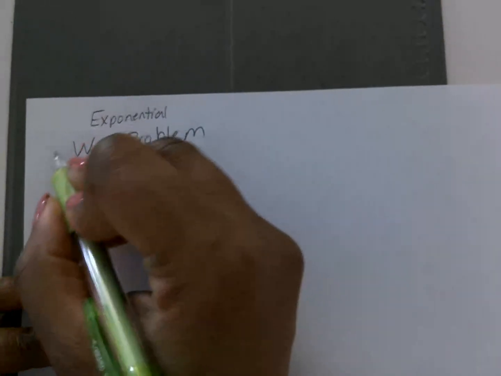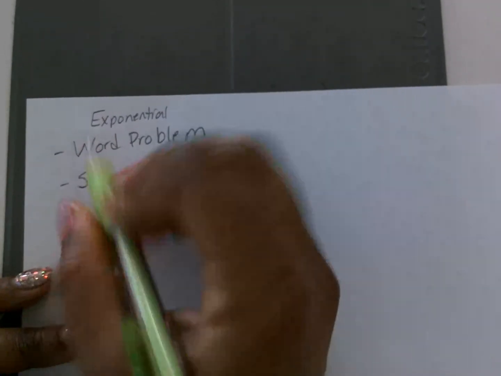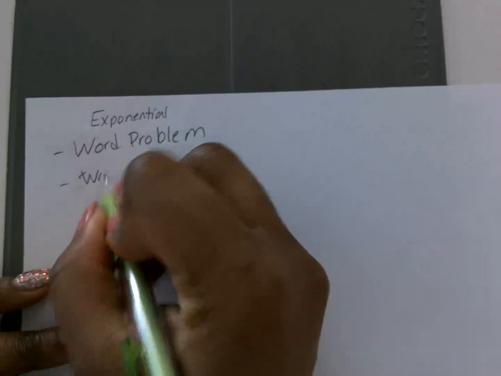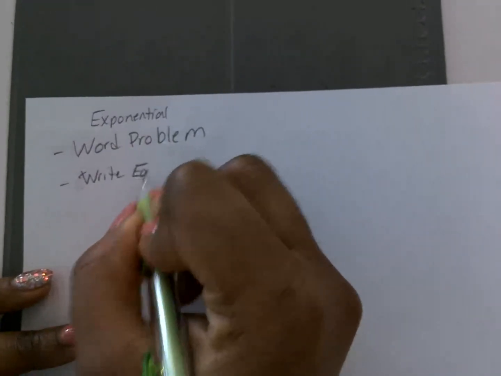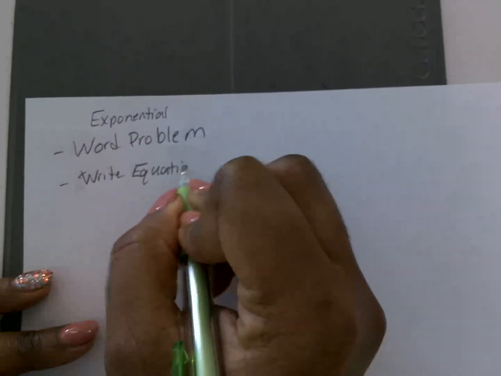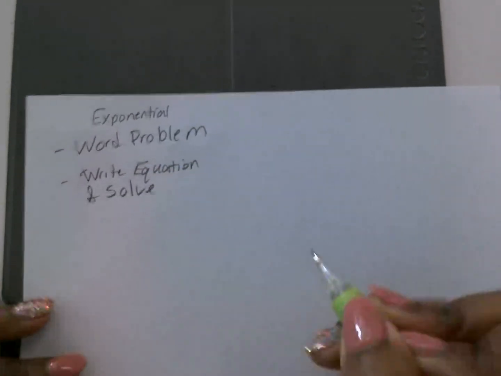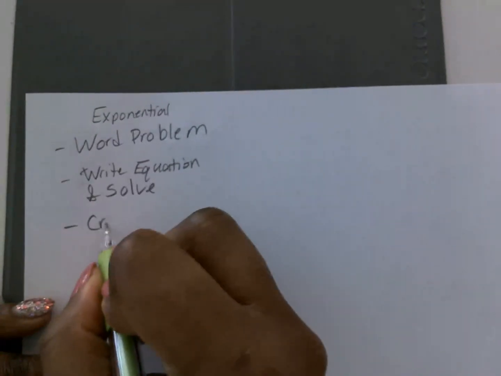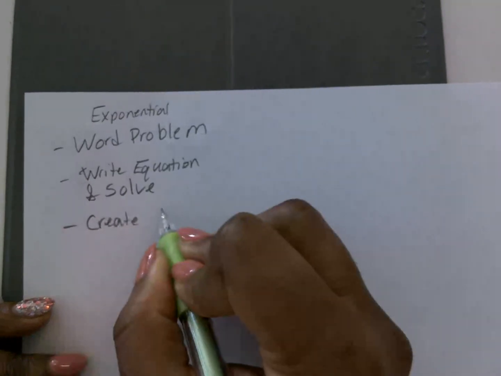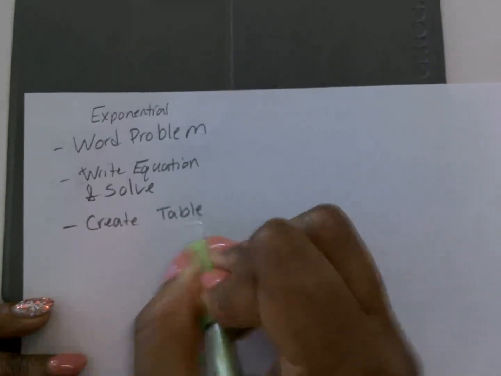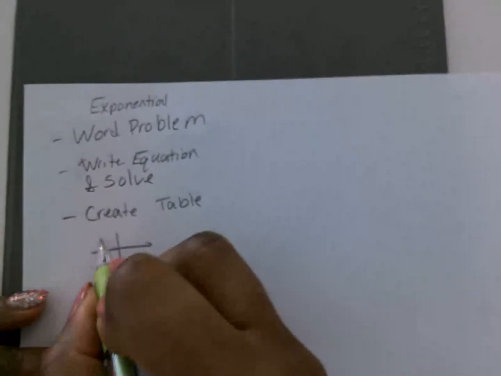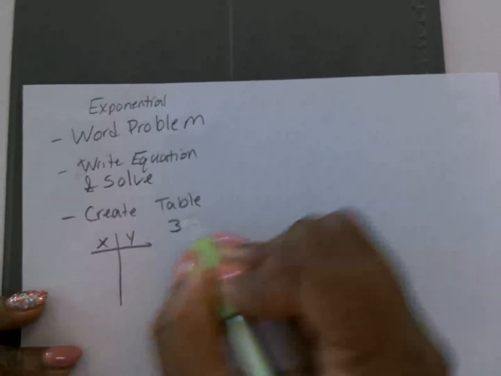I need you to solve it. I need you to write the equation and solve it. Please also make sure that you create a table. With your table, all you need is 3 ordered pairs. I need 3 ordered pairs.